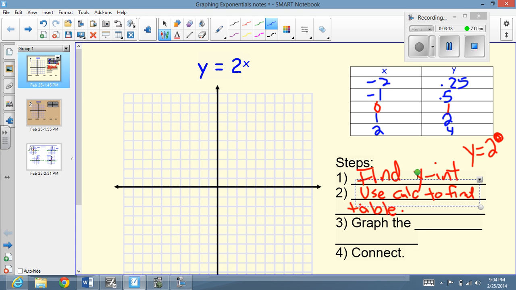Okay, so my third step here is going to be to graph the points. So let's go ahead and graph those.